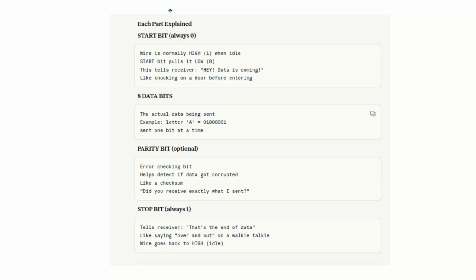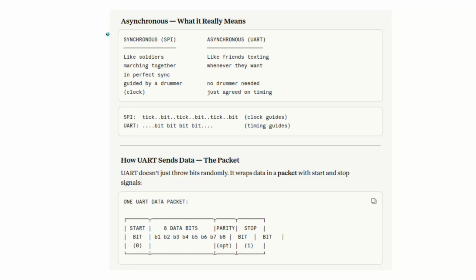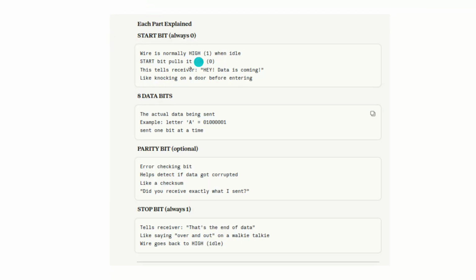The packets contain the 8 data bits, and along with this actual data, it has the start bit which will always be 0. The wire is normally high. The start bit pulls it low, to 0. This tells the receiver, hey, data is coming. That is what the start bit does. It tells the receiver that data is coming.